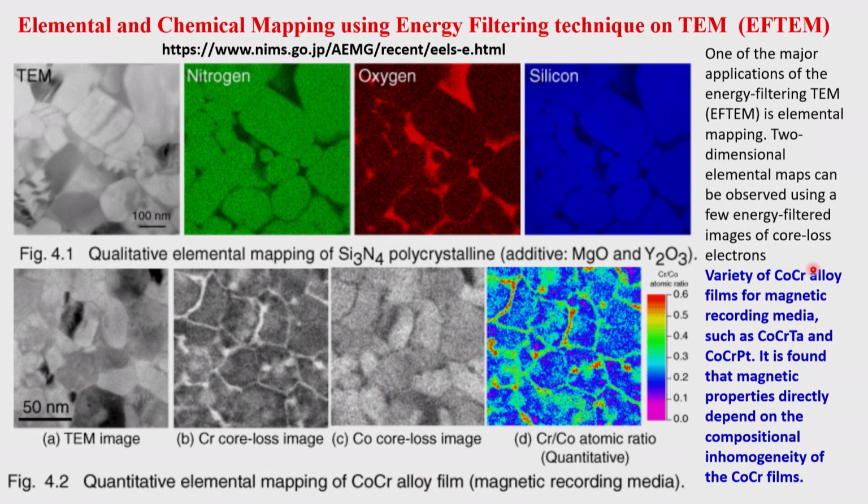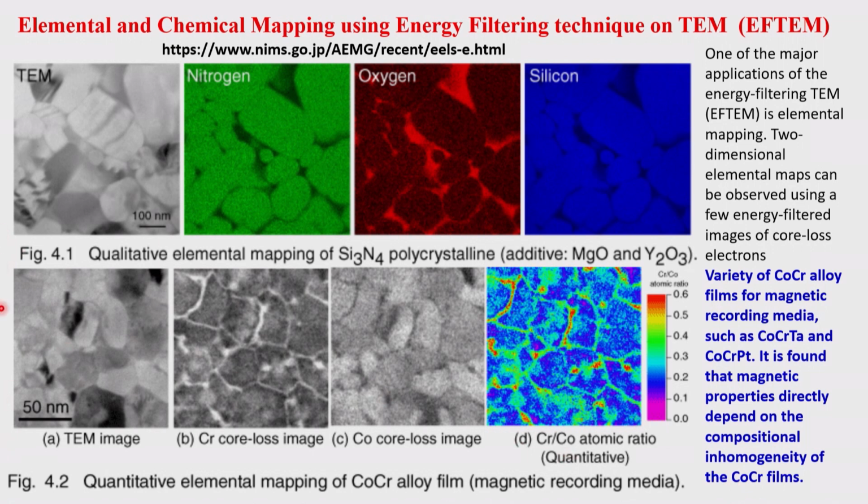For example, the CoCr alloy is further added with tantalum, platinum and so on. The kind of element you have, as well as their compositional and structural inhomogeneity, all reflect on the properties you are looking for. The property here is the magnetic property.